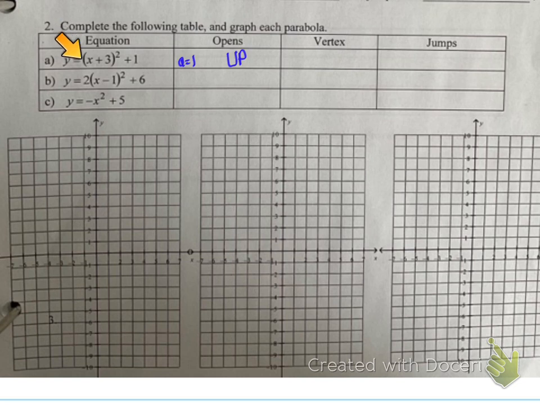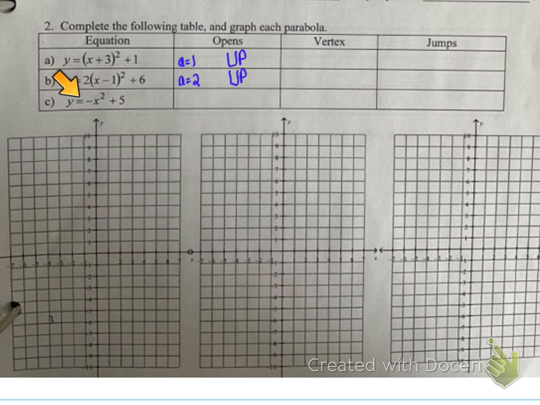That only happens when the a value is positive. And now let's do the next one. The a value for part B is equal to 2. Positive 2 a value. So this one also opens up.